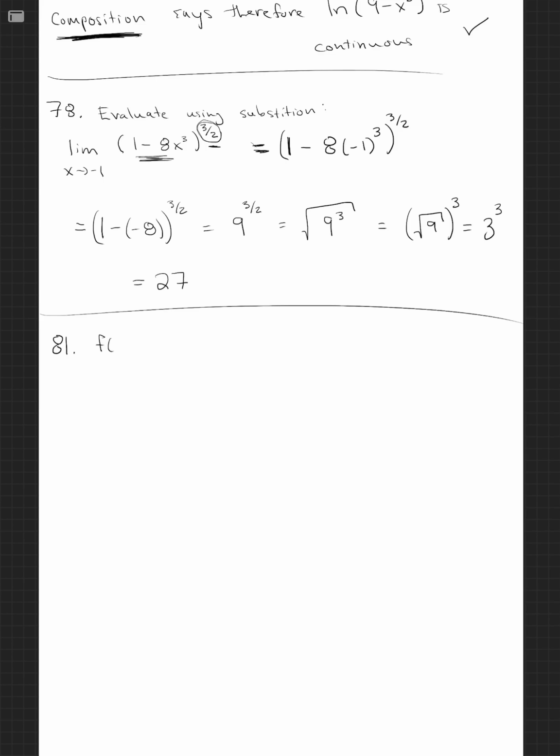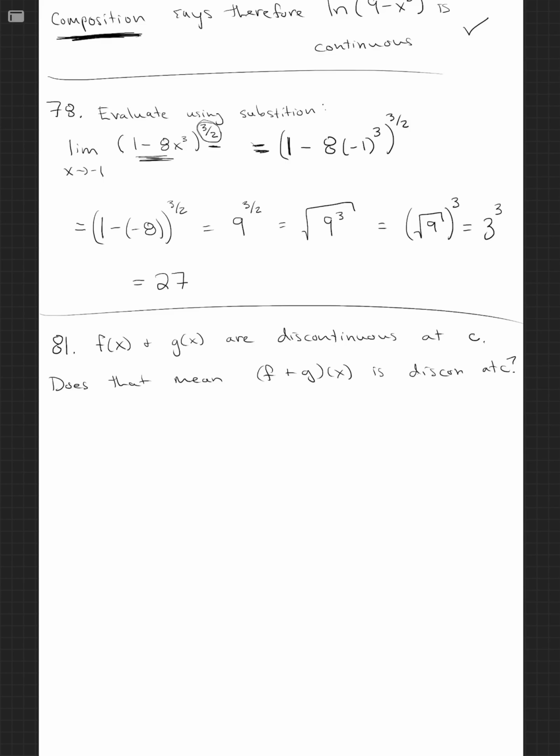So it said that f of x and g of x are discontinuous at a point C. Does that mean f plus g of x is discontinuous at C? Right, and it wanted you to either make an argument for it or give a counterexample if you thought that it wasn't the case. And it turns out it's not the case.